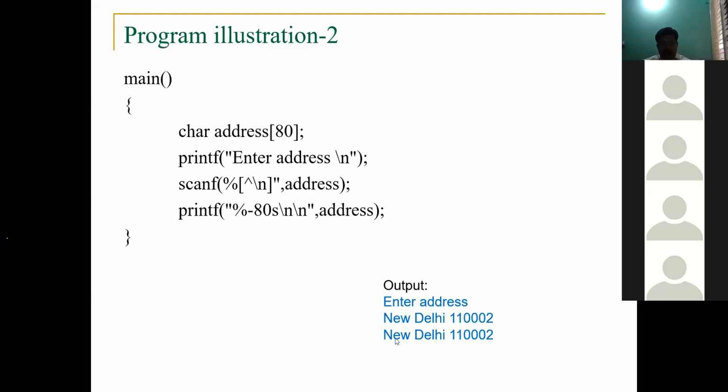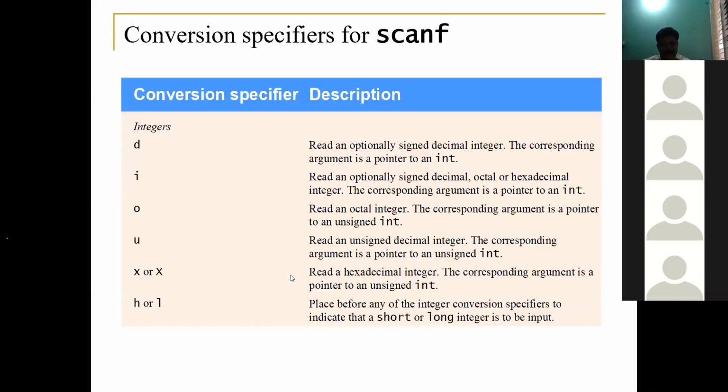Say for example, it is 1, 2, 3, up to 16. So 80 minus 16, how much is it? 64. So it'll have 64 spaces followed by New Delhi followed by 110002. If I don't give hyphen, that is the idea.